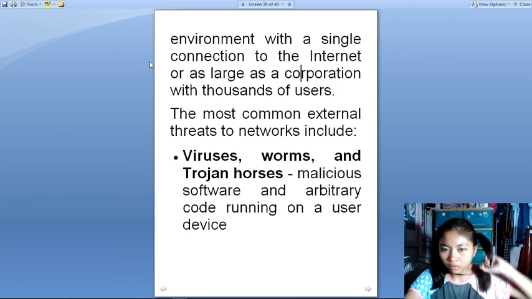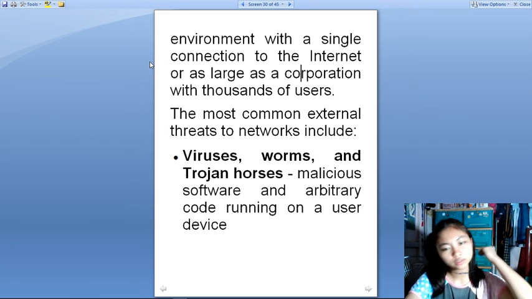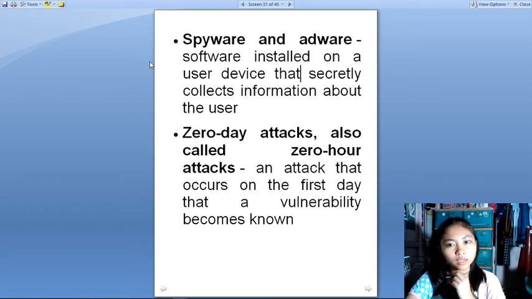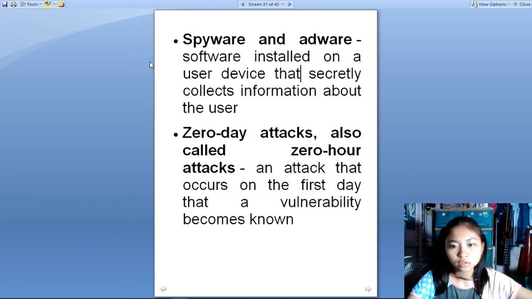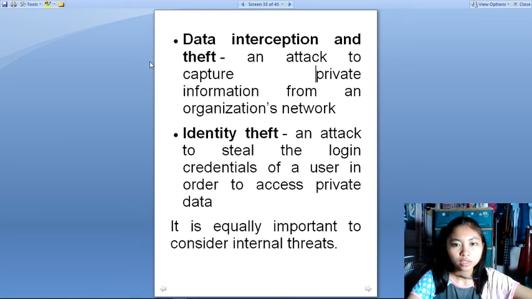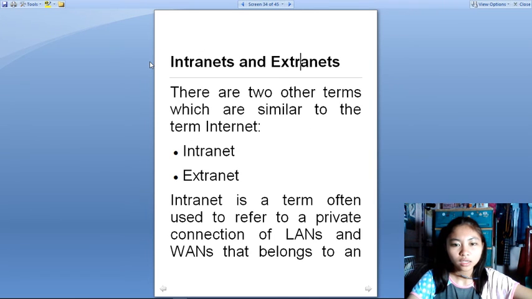The security threats: viruses, worms, and Trojan horses, spyware and adware, zero-day attacks, also called zero-hour attacks, hacker attacks, denial of service attacks, data interception and theft, identity theft.